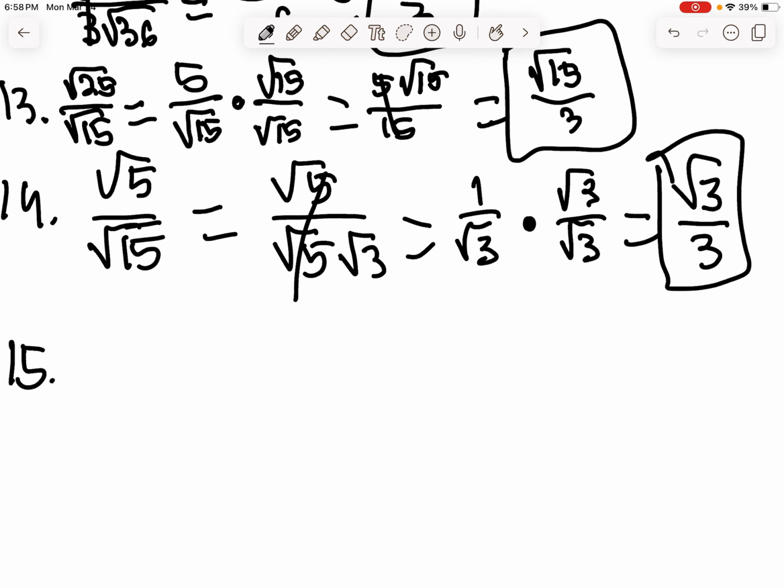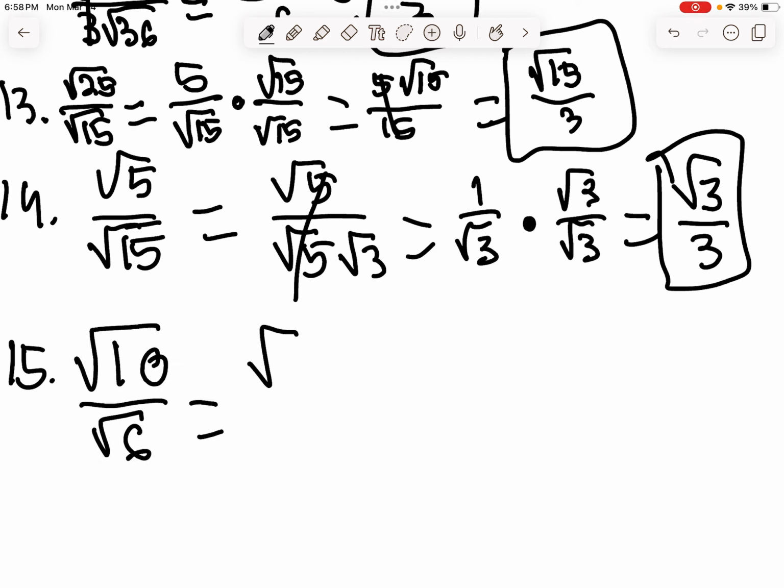Ooh. How do I do this one? Never mind, I got it. Number 15 is the square root of 10 over the square root of 6. We can take out a 2 from both. These 2's will cancel out.